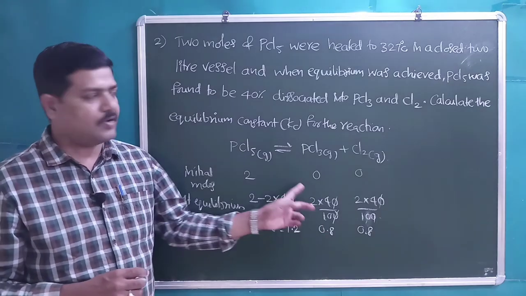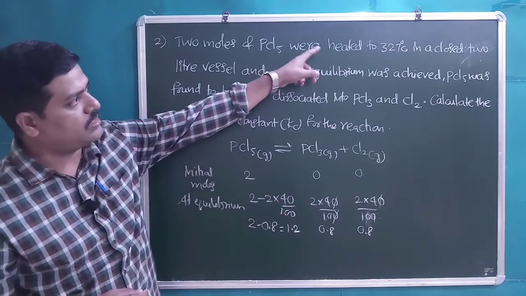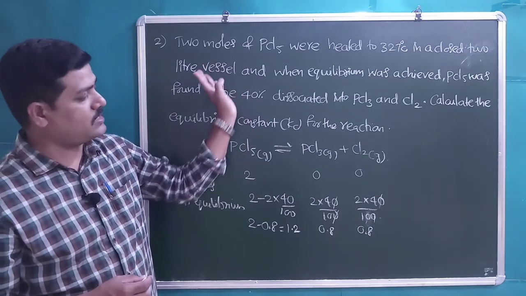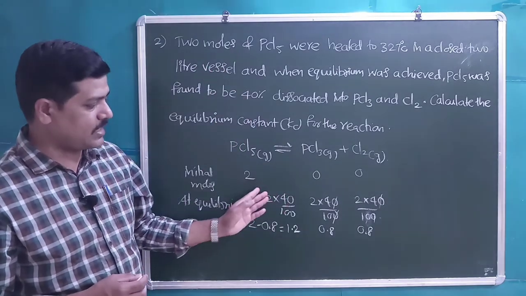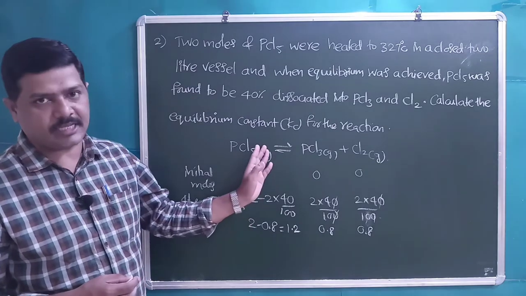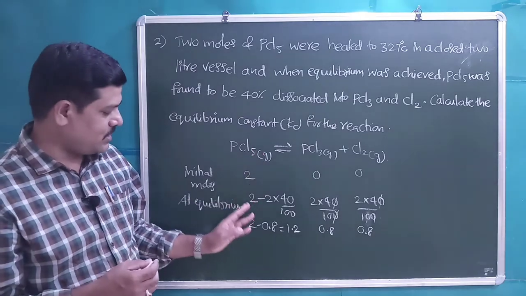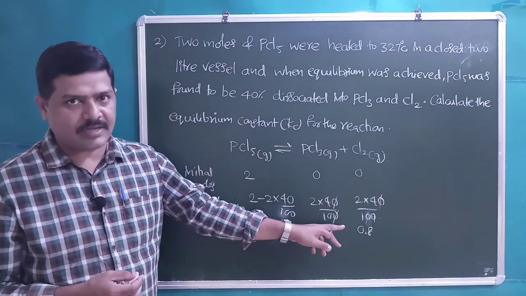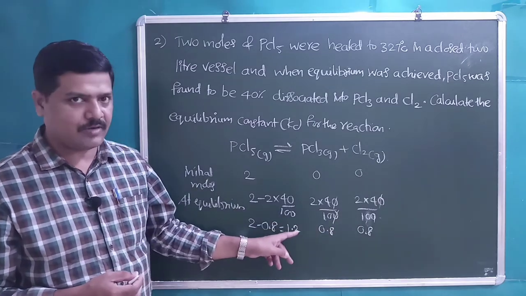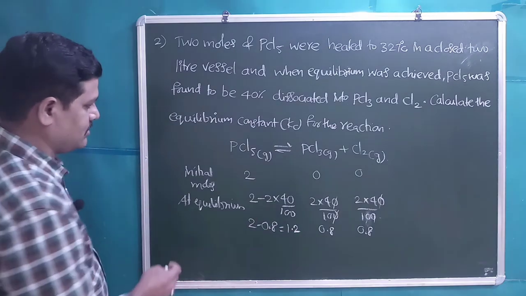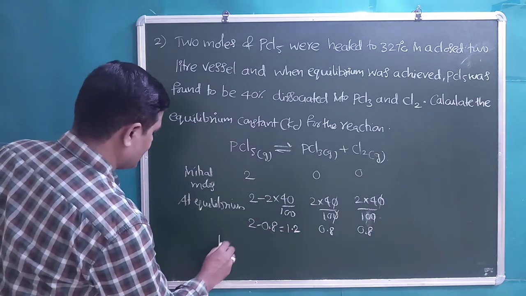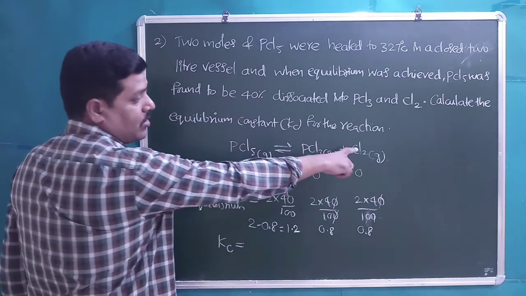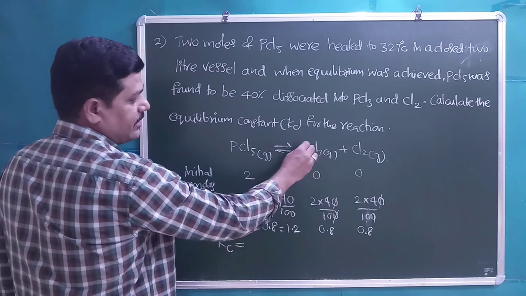These are the moles, these are not the concentrations. Here we should be careful about the volume of the vessel, because it is given as a 2-liter vessel. If it is a 1-liter vessel, no problem. While substituting these values in the Kc expression, we should be very careful, because this is the number of moles, but active mass is needed, that is number of moles divided by volume of the vessel, right students? Then Kc is equal to the product of active masses of the products raised to the power of their stoichiometric coefficients.